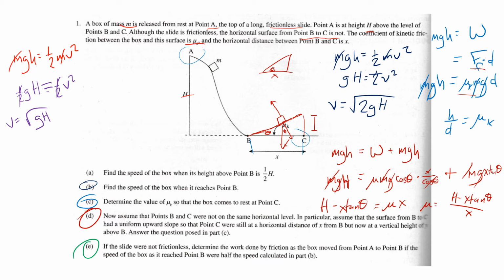So part B is dark blue. So this velocity here is half once it gets to B. So what's the work done to make that half?